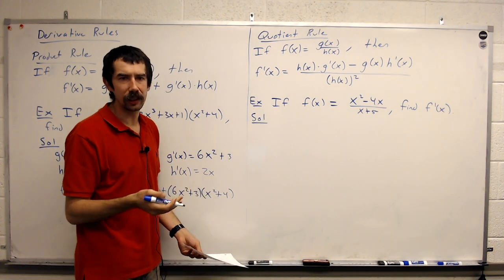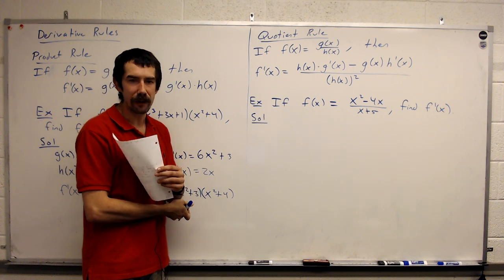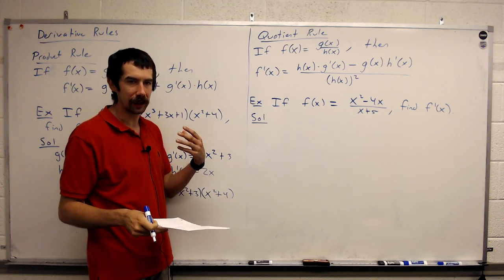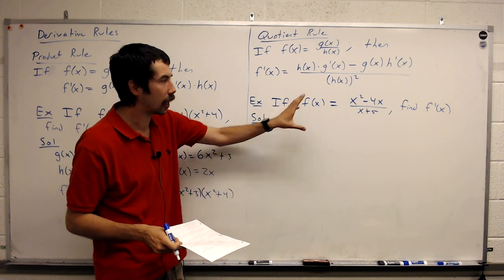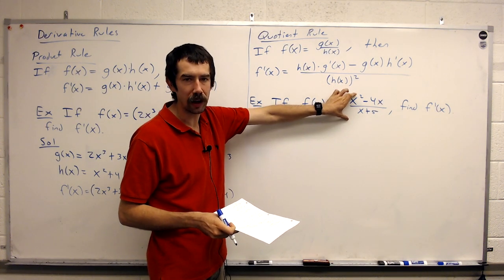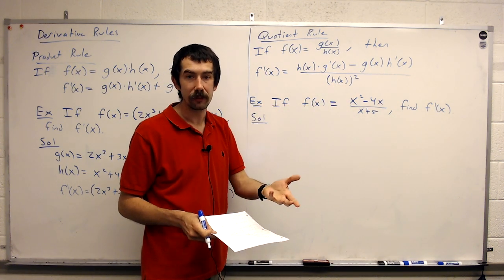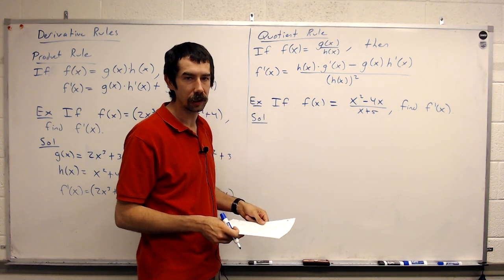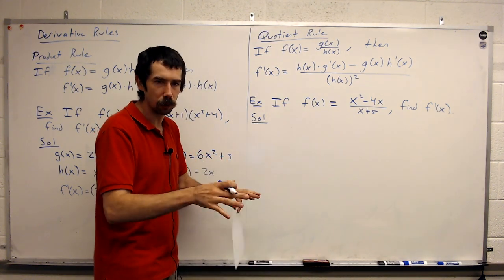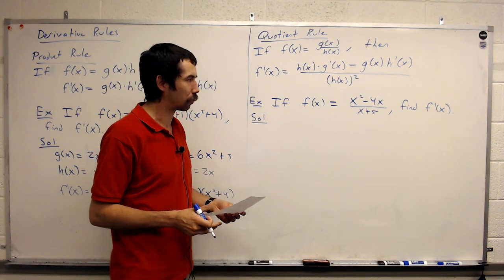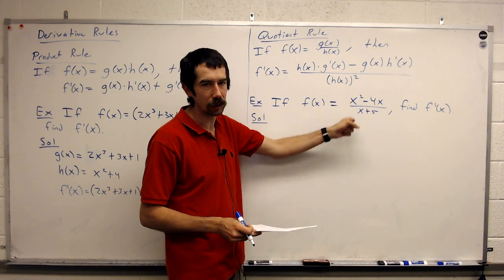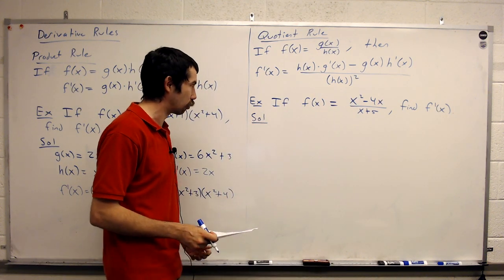So a big challenge in finding derivative problems is identifying which rules to use, because typically you're not told which rules you have to use. You have to identify what type of function we have, and then from there you decide which rules you're going to use. And sometimes multiple rules apply, so you just got to pick which one you think is appropriate. All right, so here we have a quotient, so very clearly we should use the quotient rule.